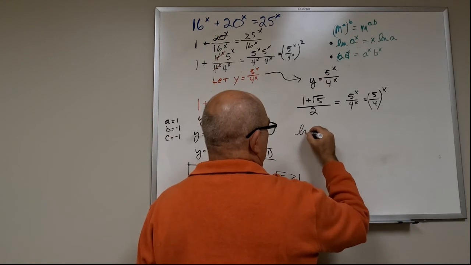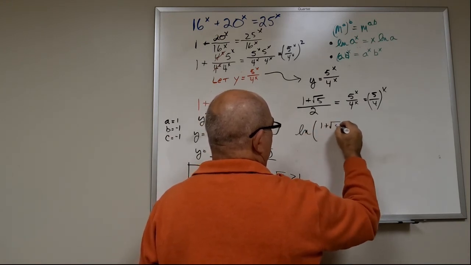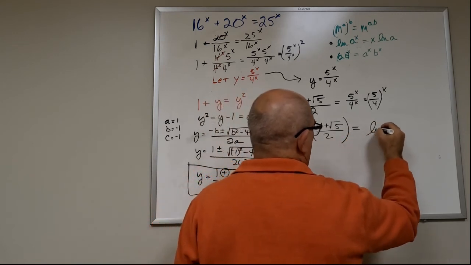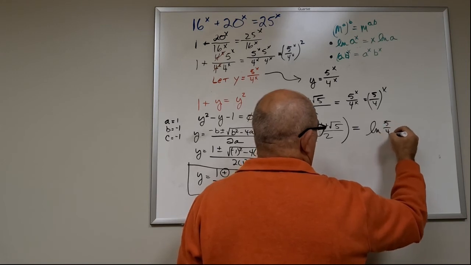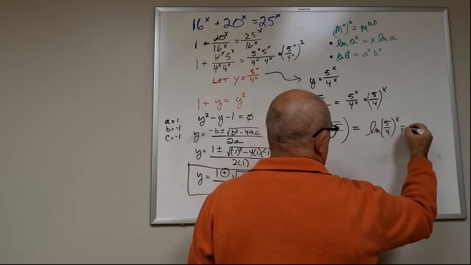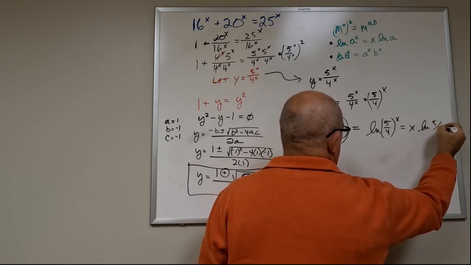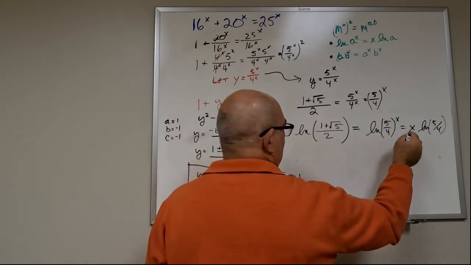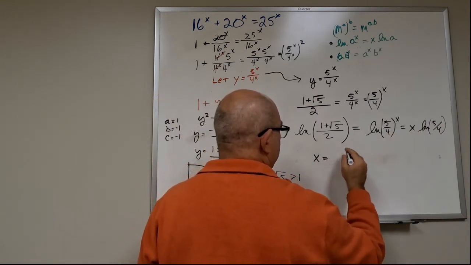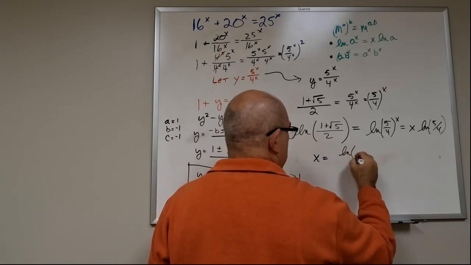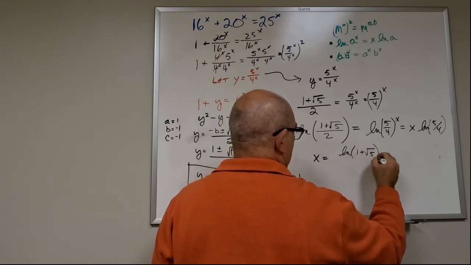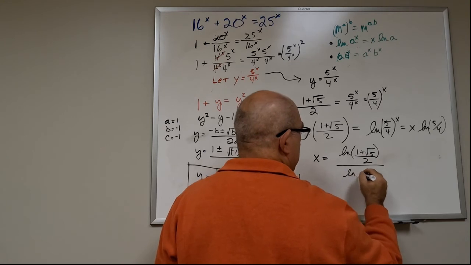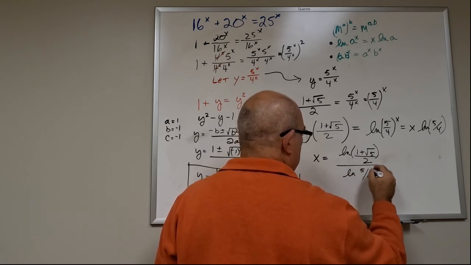If you take the log of 1 plus the square root of 5 over 2, that's going to equal the log of 5 over 4 to the x, which equals x log 5 over 4. Now, solving for x, we get x equals the log of 1 plus the square root of 5 divided by 2, divided by the log of 5 over 4.